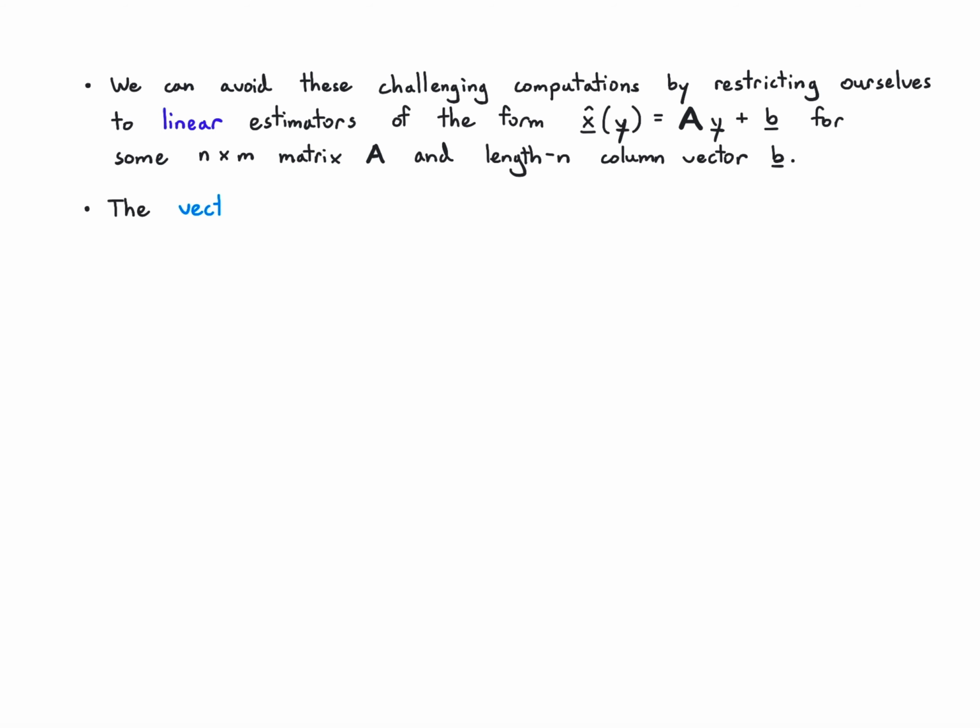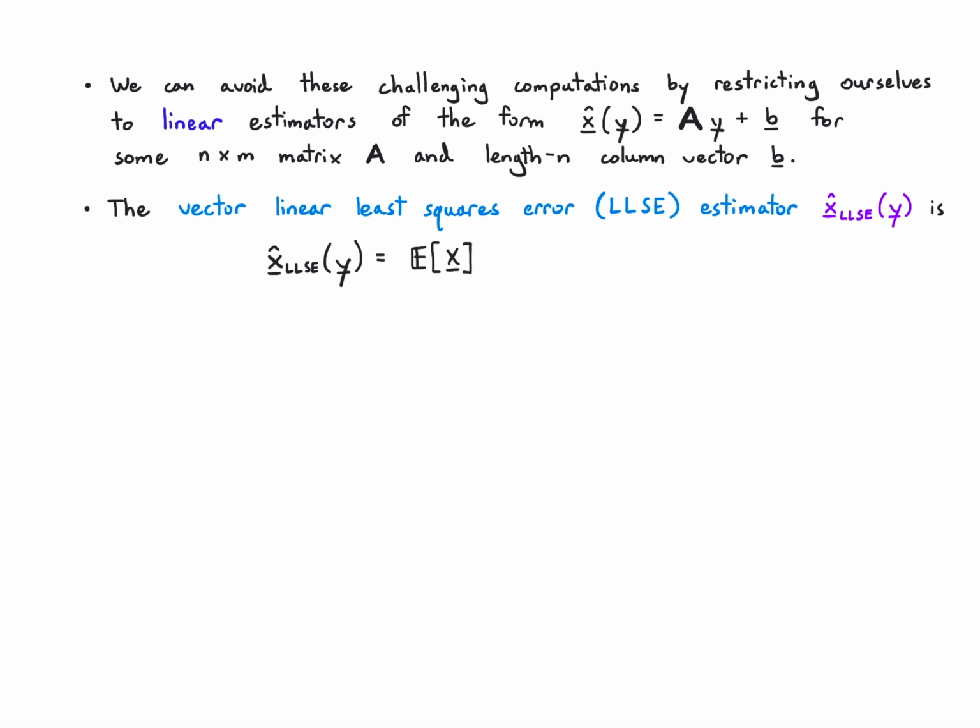So the best possible choice for this A and B turns out to come from the vector LLSE estimator. And so what I do is I just take the following form. I have the mean of x, and I add this sigma xy. I'll say what that is in a moment. The inverse of sigma y. Remember, sigma y is the covariance matrix of y.